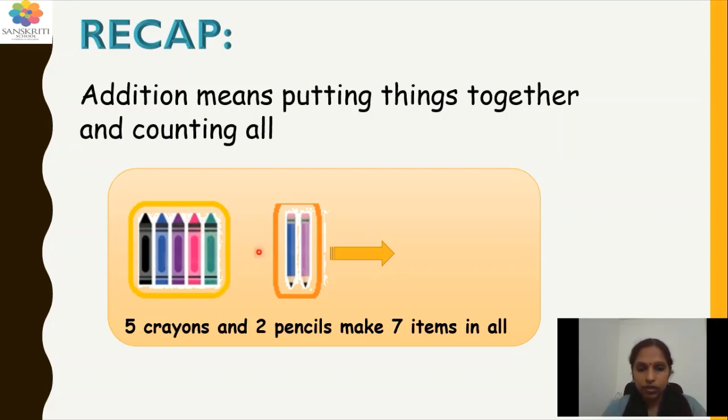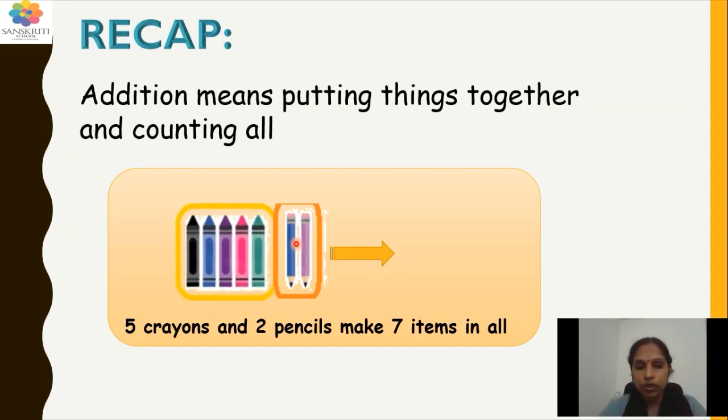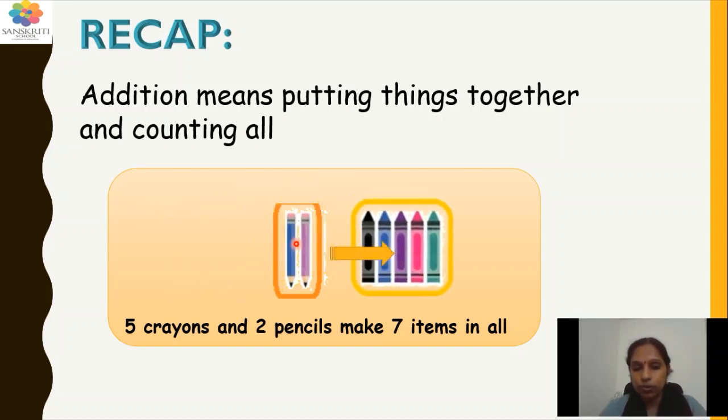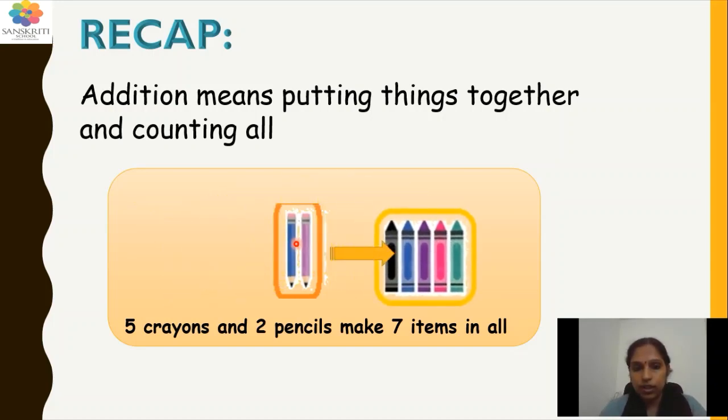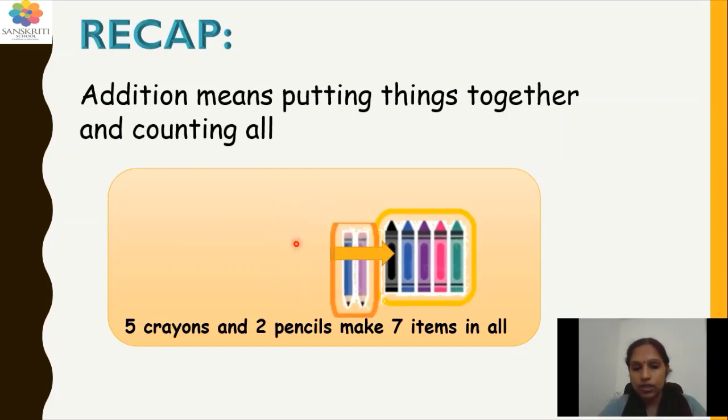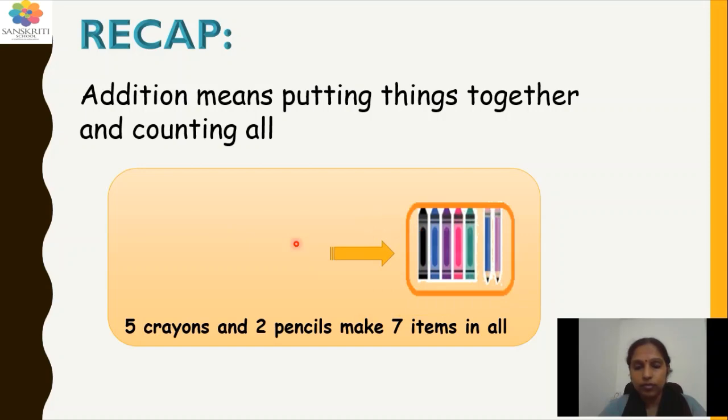Here there are 5 crayons and 2 color pencils. Now I want to add these crayons and color pencils. So what is the first step that we do? Putting things together. So I am going to put the crayons and the color pencils together. Now what is the next step?